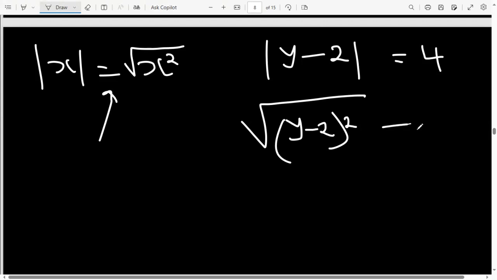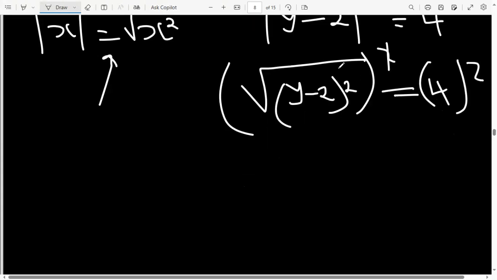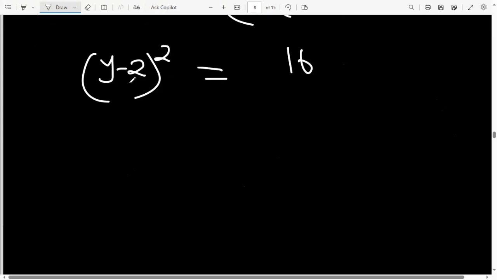And this should be equal to 4. To remove this square root, this square and this root cancel out. So we have y minus 2 squared is equal to 4 squared, which is 16.